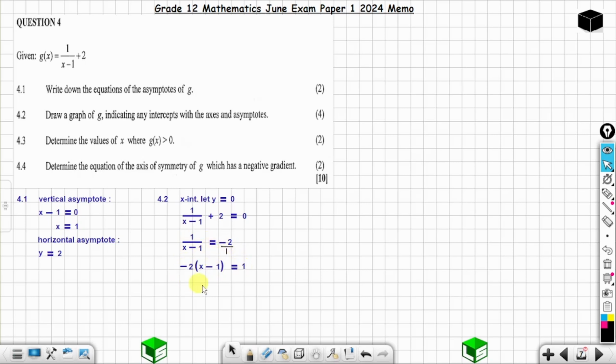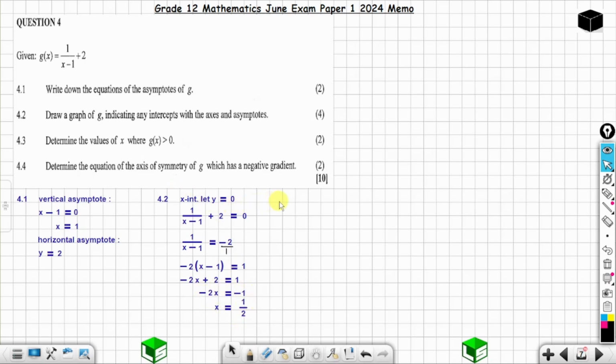You have negative 2x plus 2, which is equal to 1. You have negative 2x is equal to negative 1, which is 1 minus 2. X is equal to, you are going to divide by negative 2 on both sides.